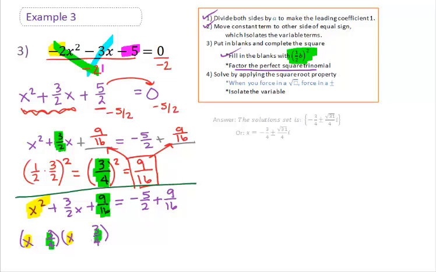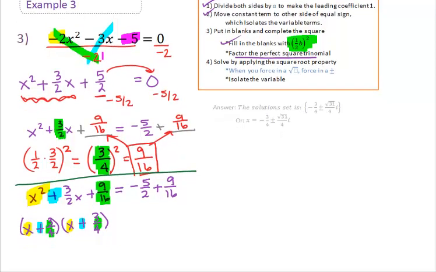Because when you multiply those, that gives you 9 over 16. And when you add those, that gives you 3 halves. Whatever your sign is here will be the same sign in both of your parentheses. So in this example, it's addition. Now, that factors as a quantity squared, hence the complete the square process.